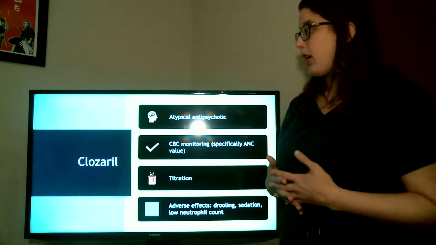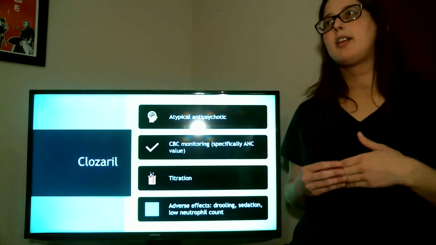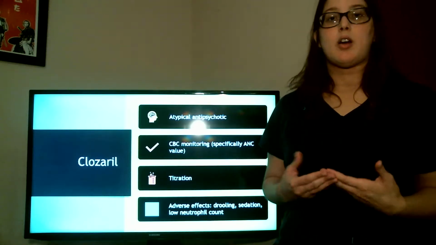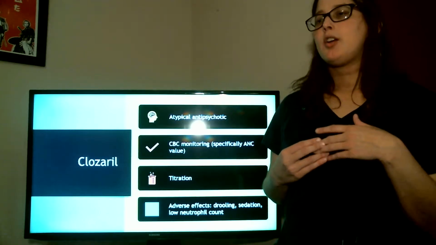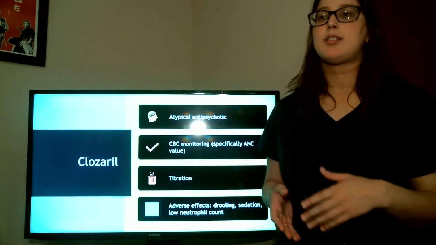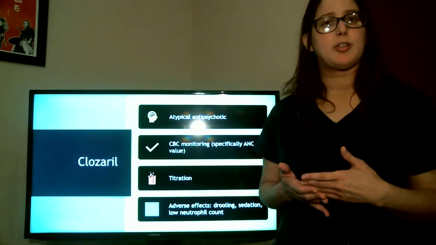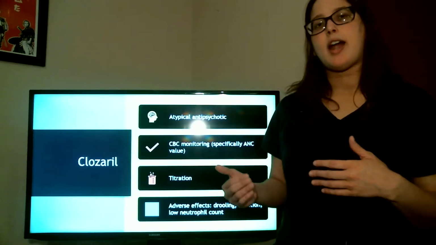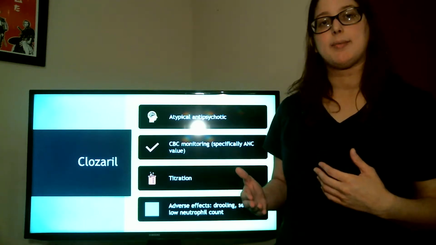Also, when someone's on Clozaril, we titrate the dosage. When we start a patient on Clozaril, we give them a very small dose initially to see how they react. So if we give them a 12.5 milligram dose of Clozaril, we monitor how they are. We get their vital signs for the first 4 hours after we give them this test dose.